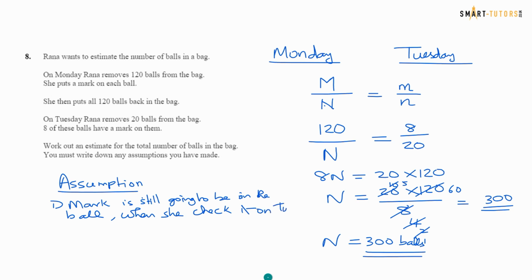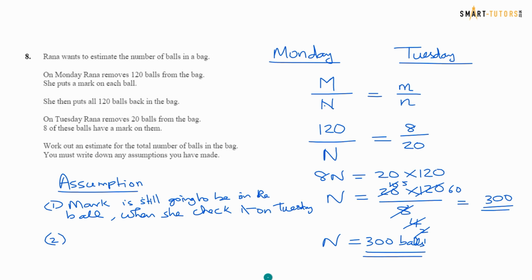So sometimes in this method, it's not an accurate method because it's an estimate method. When she comes on Tuesday and checks the balls, some of the marks may have been removed, because it's a gym or a playground, the ball is constantly used, and whatever the runner put as the mark has already been wiped off, right? So that's what you need to write.